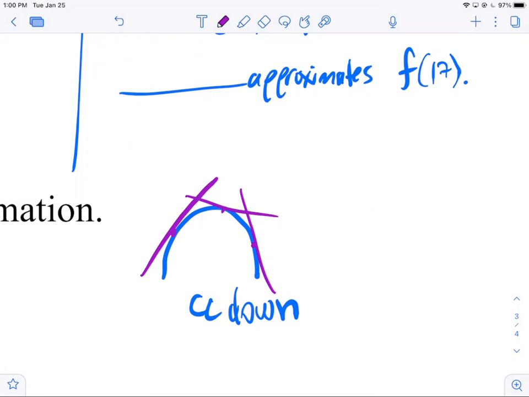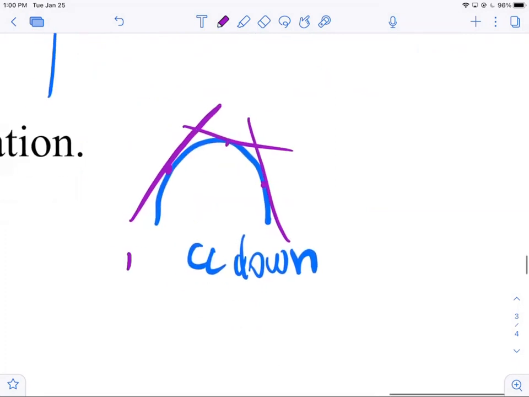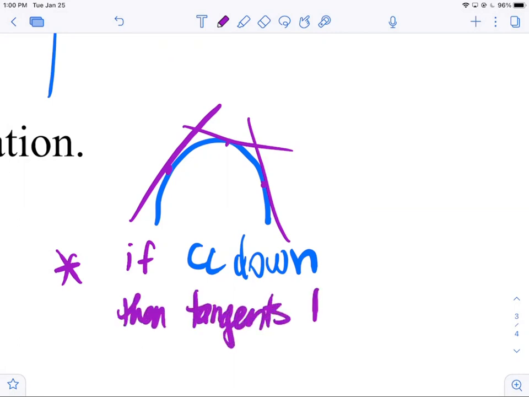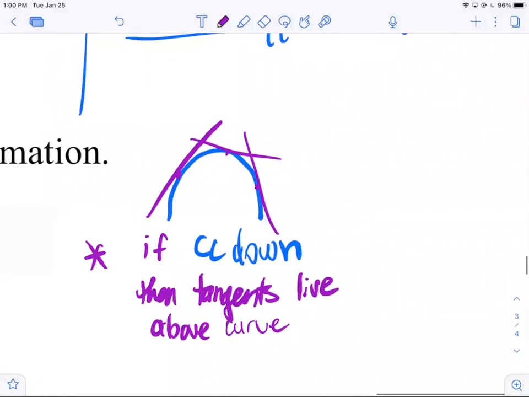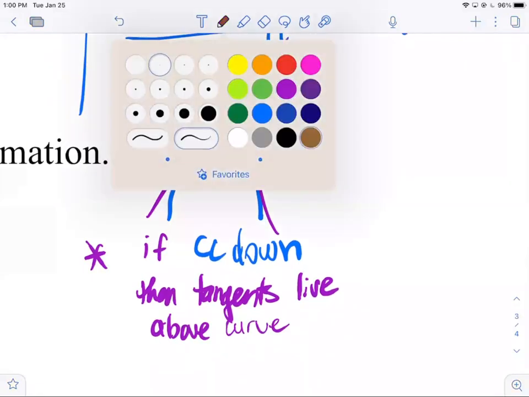So if your graph is concave down, and this is kind of a theorem, then tangent lines live above the curve. Good to know, but you can always draw it if you're unsure. And then let's do the other one.